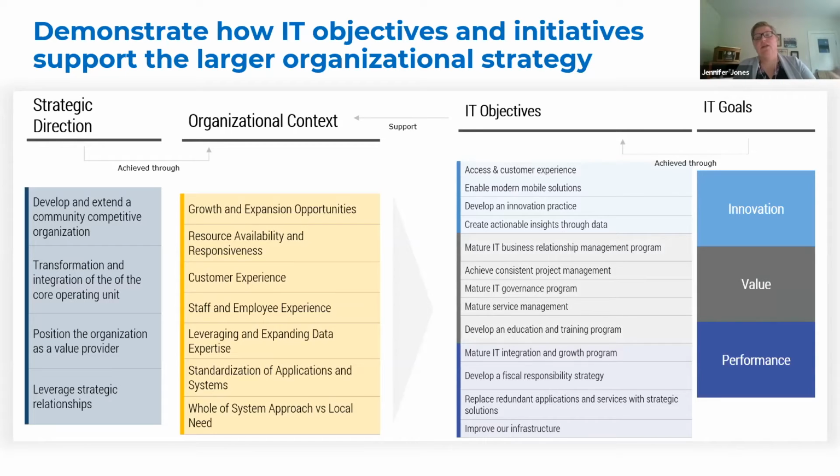In the engagement, we would sit down together and map out specific IT objectives and IT goals. That creates a complete link to the organizational context, and it helps us to communicate to our business stakeholders how IT is directly supporting the strategic direction of the organization.